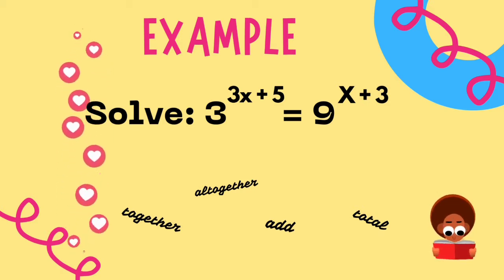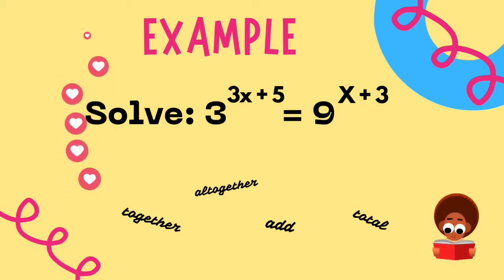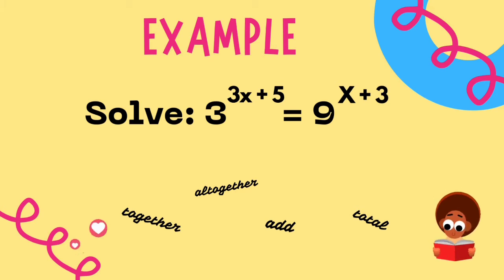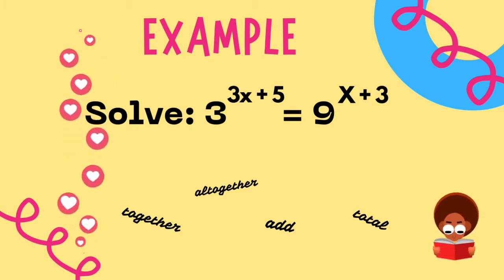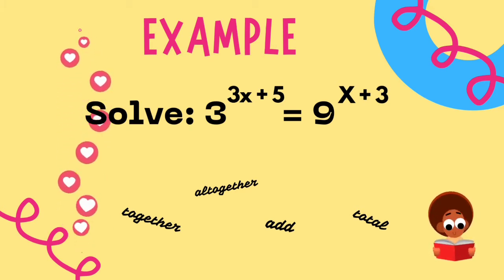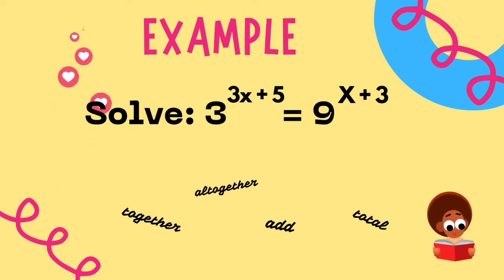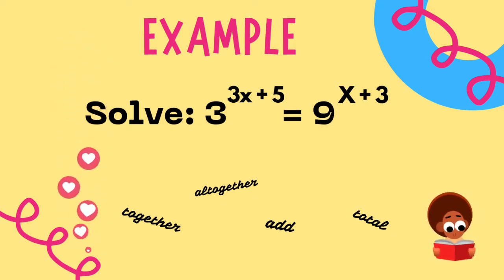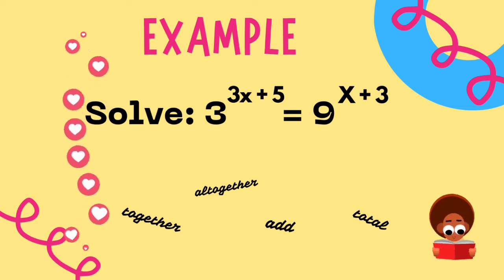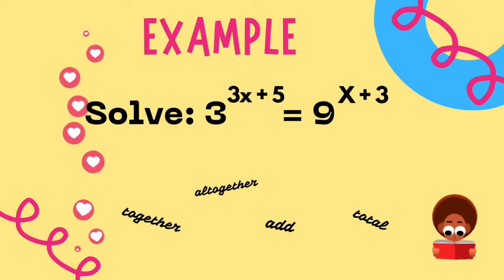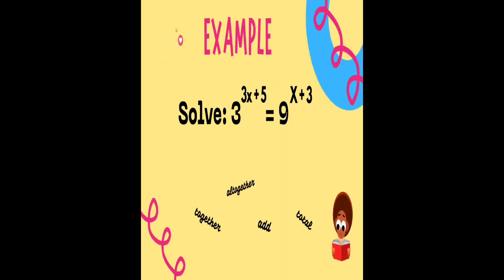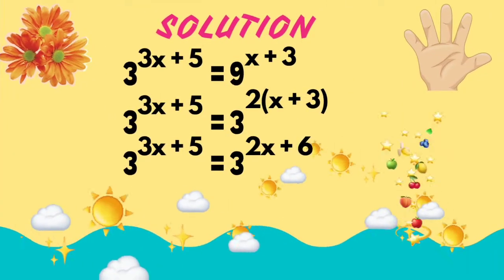The first one is simplify 3 raised to power 3x plus 5 being equal to 9 raised to power x plus 3. So we are asked to simplify this expression. To simplify this expression, you make the bases on both sides of the equality sign to be the same.